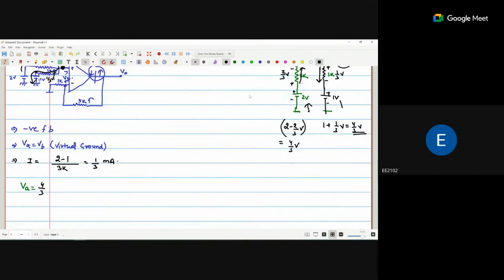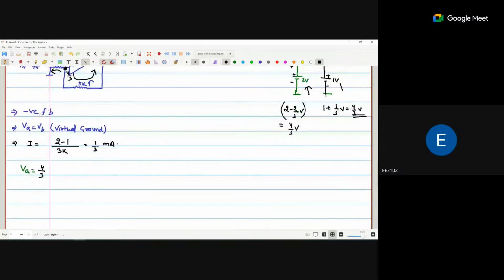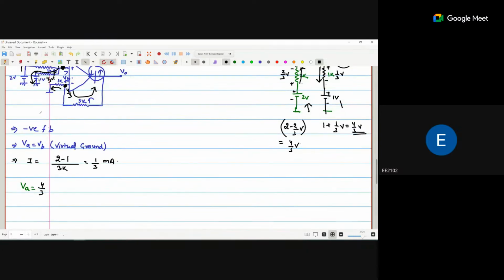Okay. If VA is 4/3, that means VB is also 4/3. Now apply the KCL. This is the higher potential, this is the ground, so the current will be flowing outward. Okay, and we do not know about V naught, so we are saying the current is also going toward V naught. Okay, so (VB minus 0) divided by 1K is equal to (4/3 minus V naught) divided by 5K.